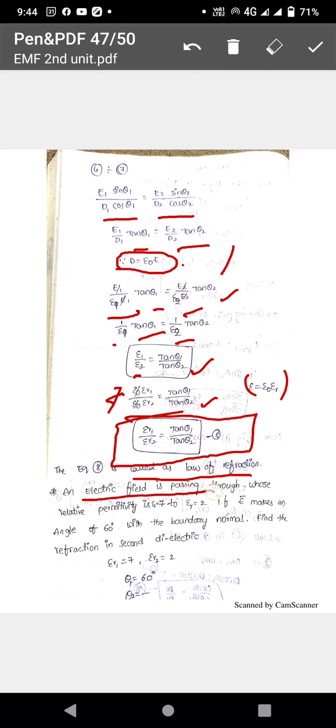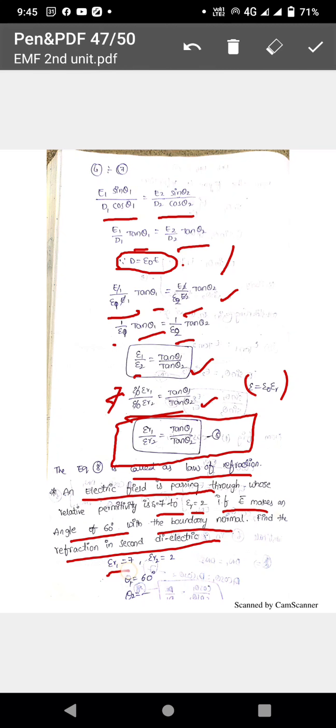Now we go for another numerical problem based on this. An electric field is passing through a medium whose permittivity is epsilon r1 equal to 7 and epsilon r2 equal to 2. If E bar makes an angle of 60 degrees with the boundary normal, find the refraction in the second dielectric.